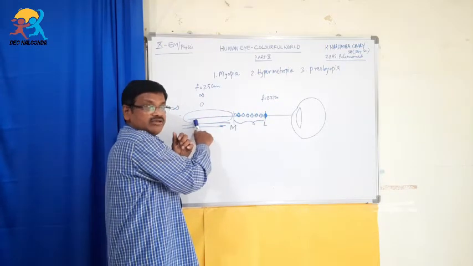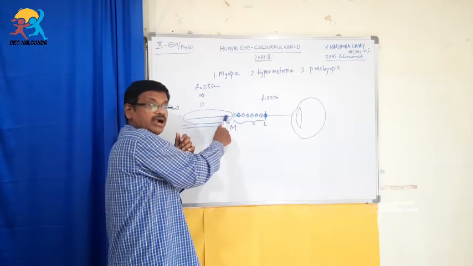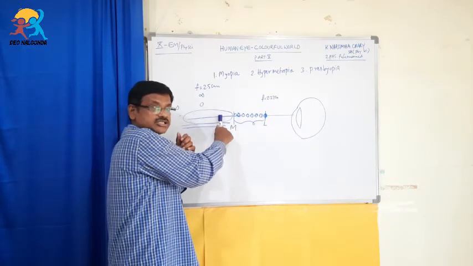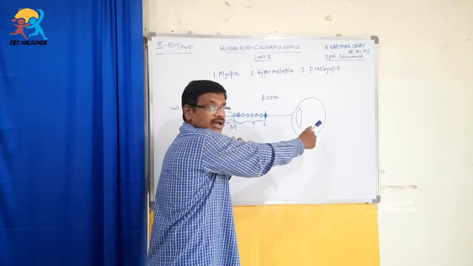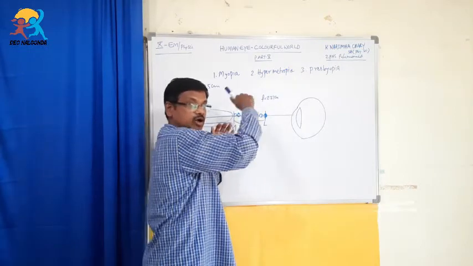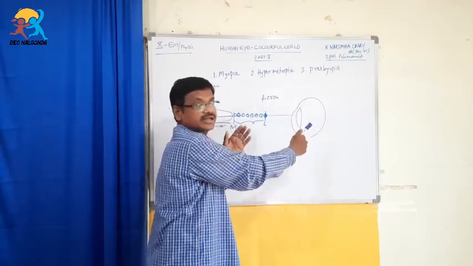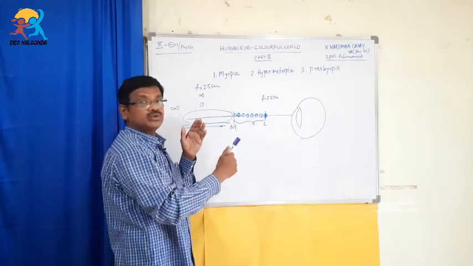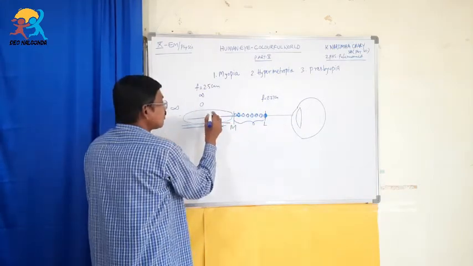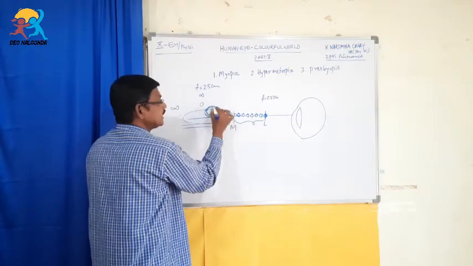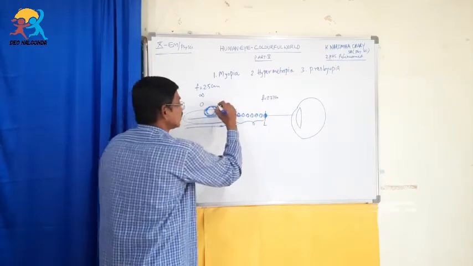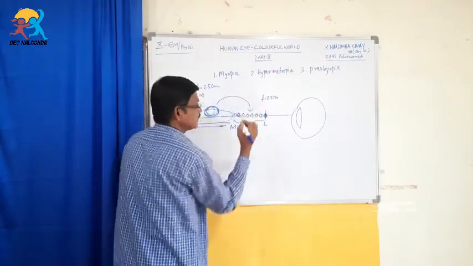That is, if an object is kept beyond M, as it is not appearing to the eye, or as the image of the object is not forming on the retina, we try to bring the image of the object to come between M and L.